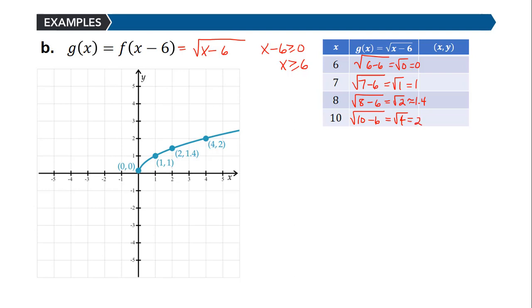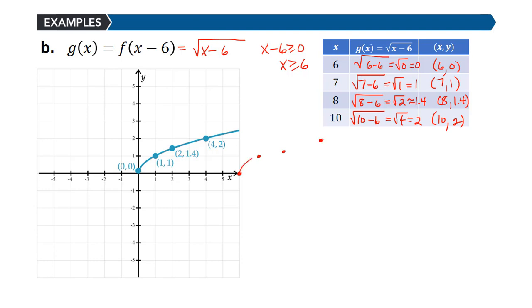So on the graph of g, we have the ordered pairs (6, 0), (7, 1), (8, 1.4), and (10, 2).